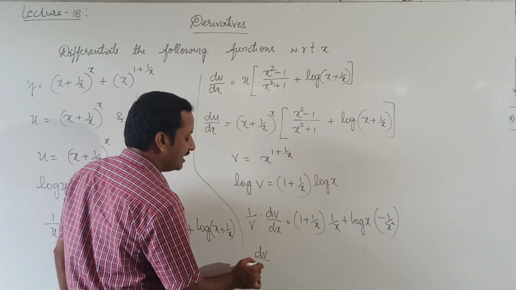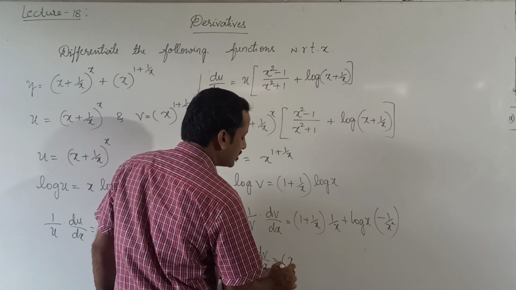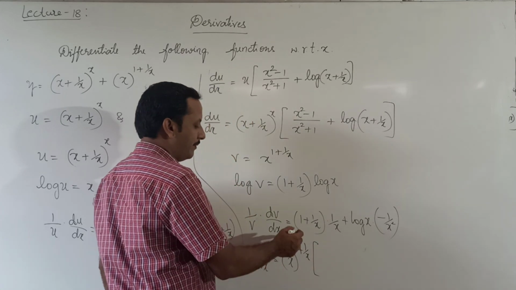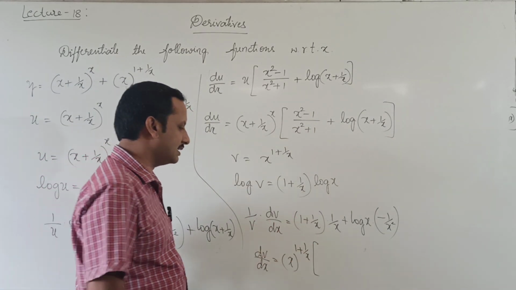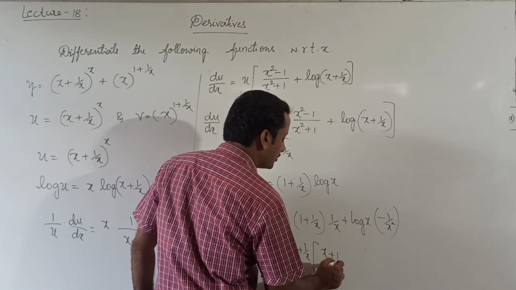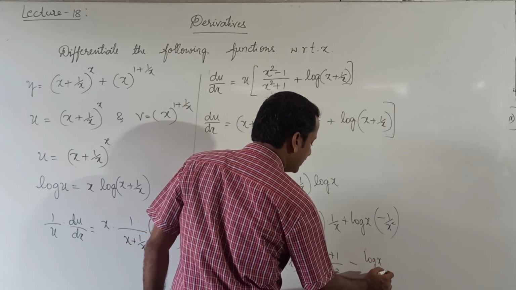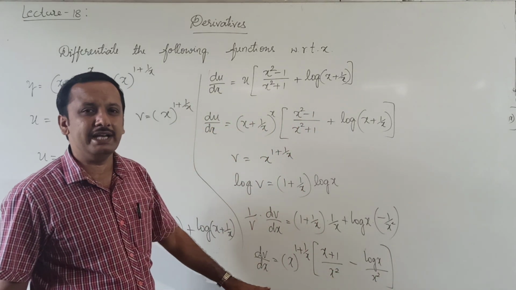So dv by dx is equal to v into, v is x to the power 1 plus 1 by x, into, if I simplify it, it will become (x plus 1) by x square minus log x divided by x square. This is dv by dx.